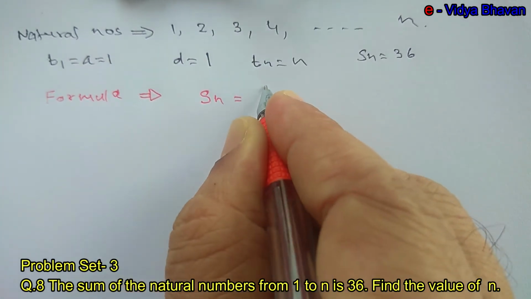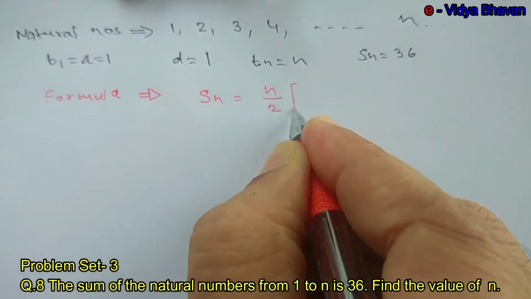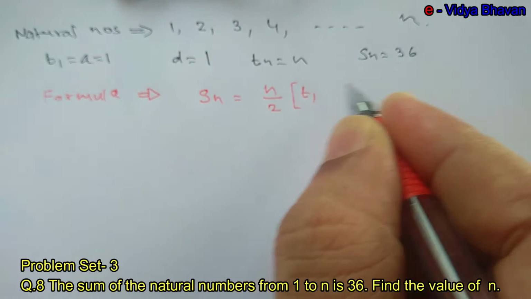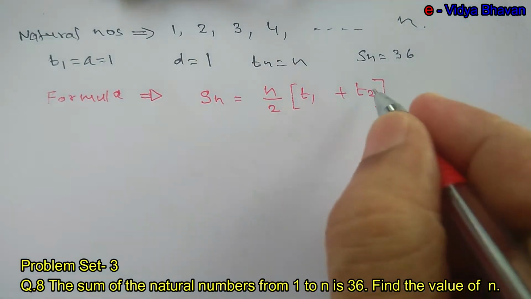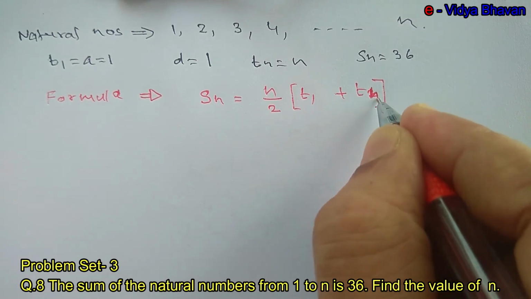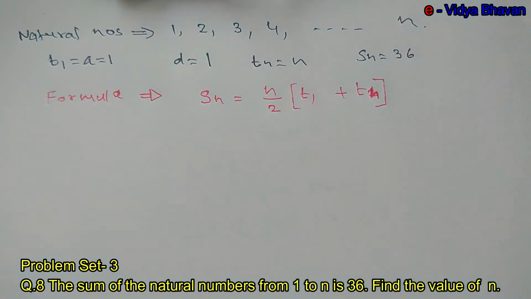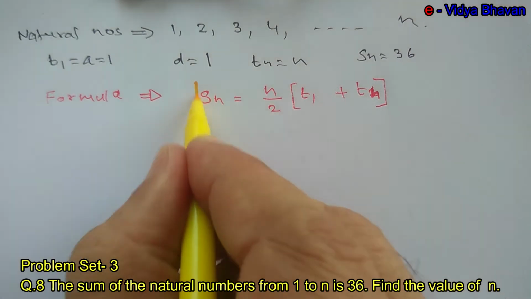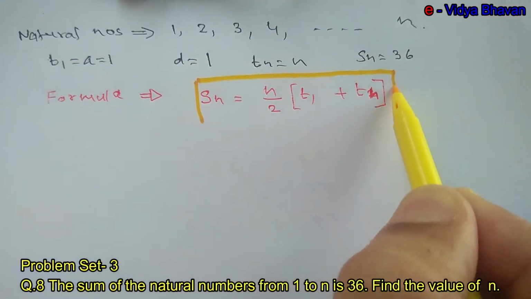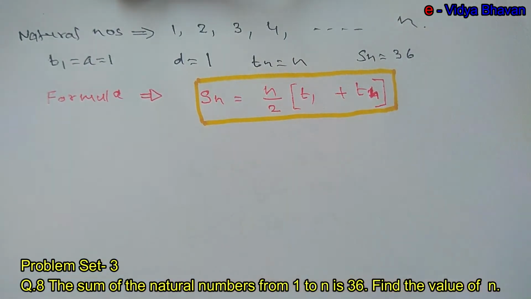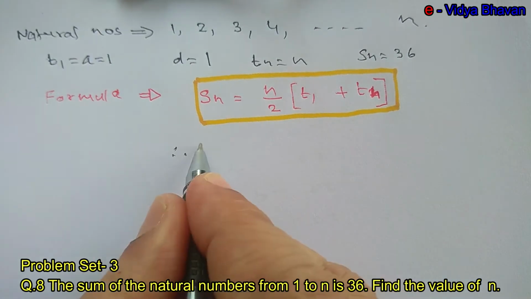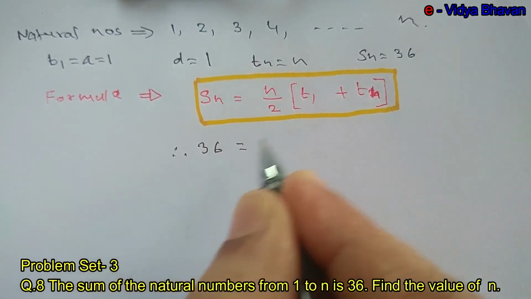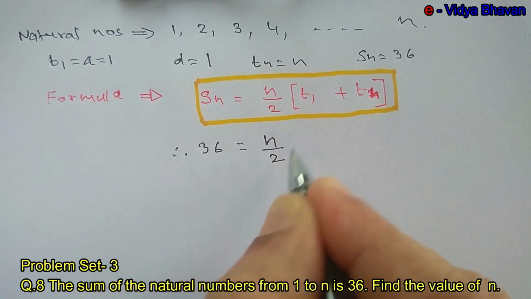Sn equal to n upon 2 into t1 plus tn. Let's substitute the values in the formula. Sn we know very well, 36. N we do not know.